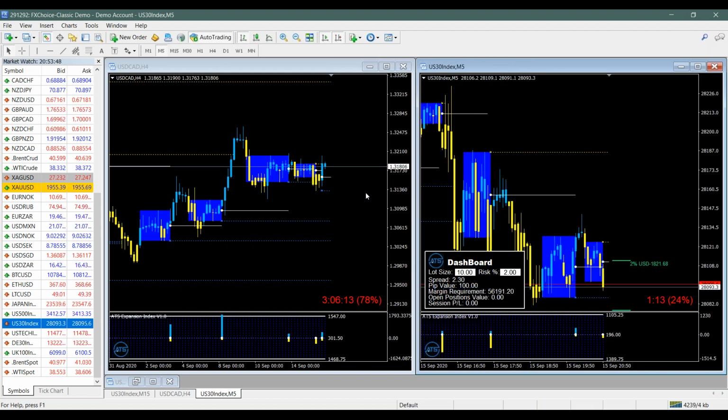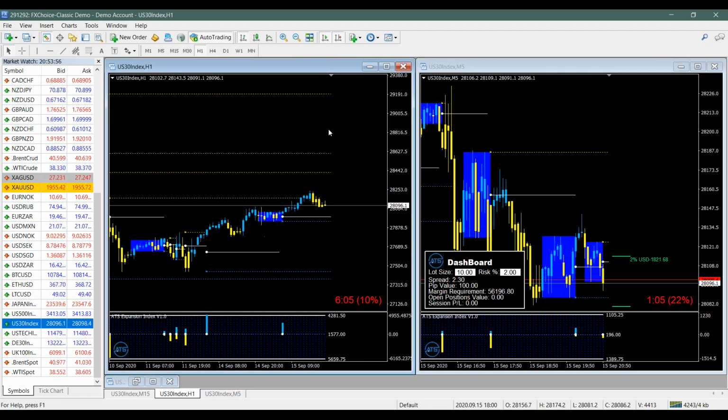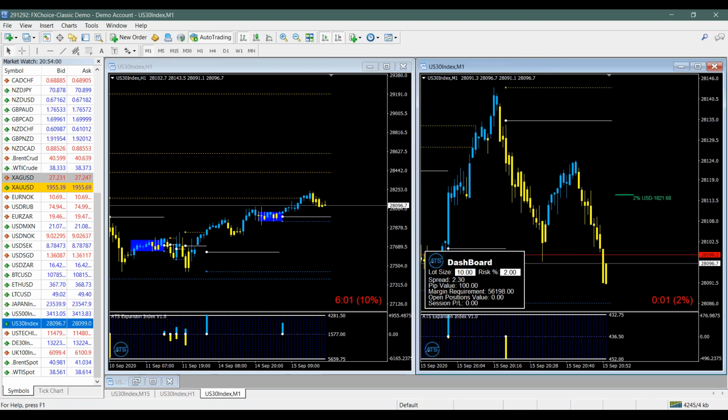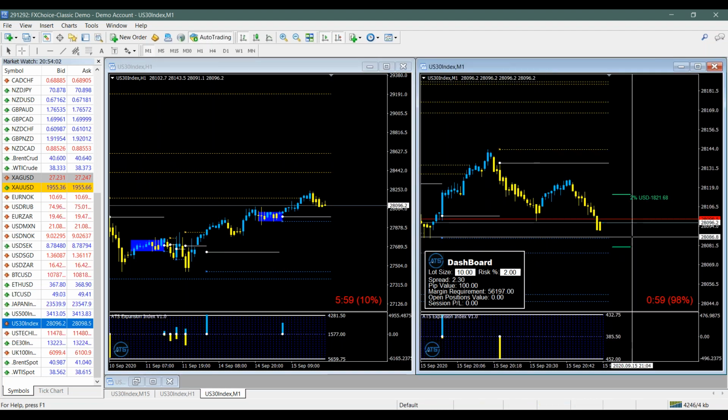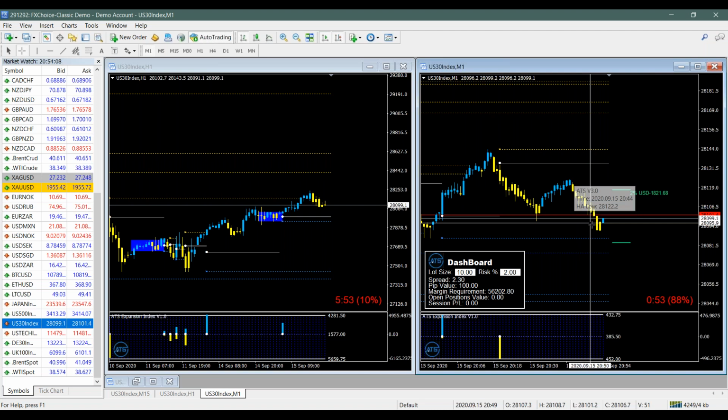You can really do some damage with this, in good ways and bad ways. Take the US 30 and trade a 1 minute into the hour, but see how tight the spread is relative to the actual movement. This is something you can actually get away with trading.